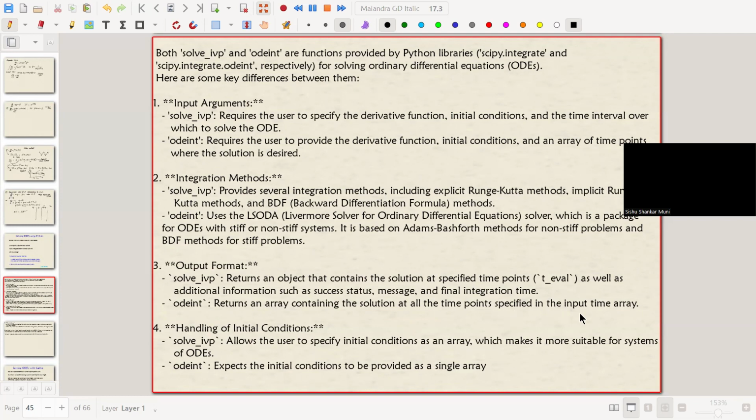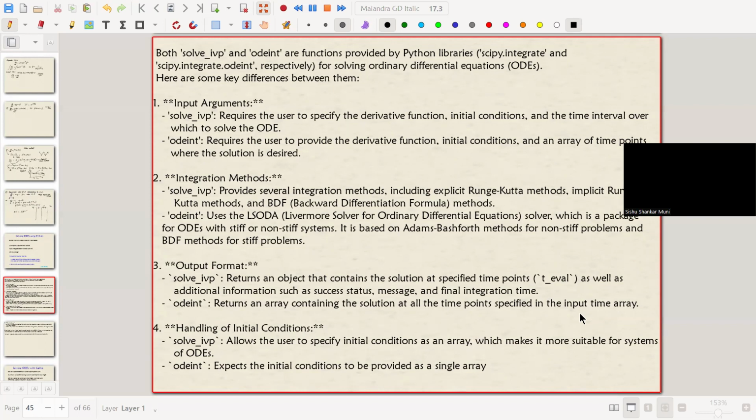It will compute and give you as an array. That's what odeint will do. solve_ivp returns an object that contains the solution at specific points, as well as additional information, like the success status, the integration time it took, and all that information.